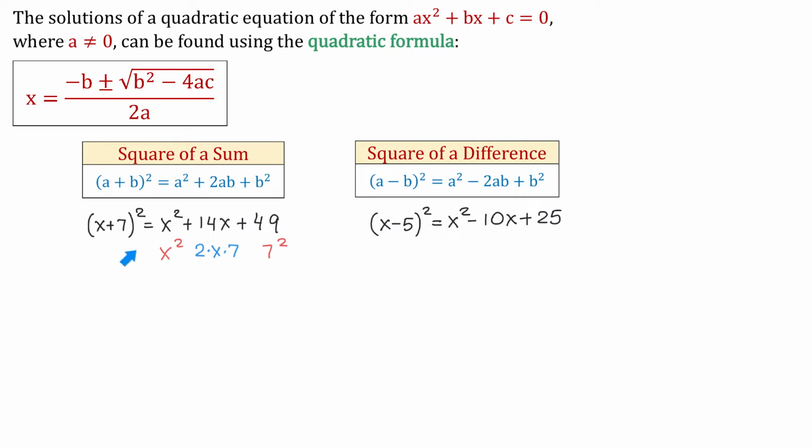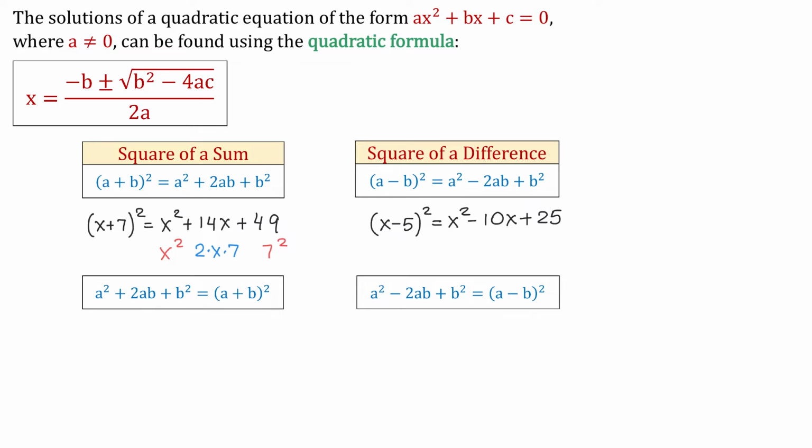Now, if we have a perfect square trinomial, then we can use these formulas in reverse to factor them. So, according to this formula, if we have the trinomial x squared plus 14x plus 49, then we will factor as (x plus 7) all to the second power.